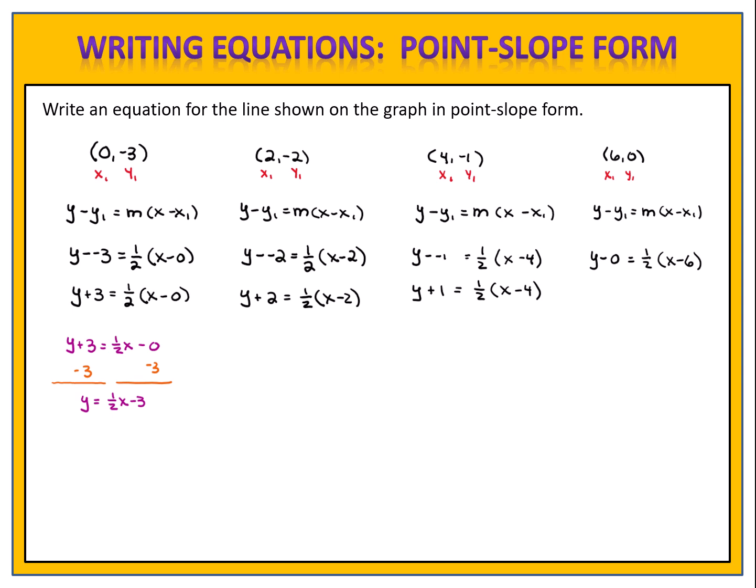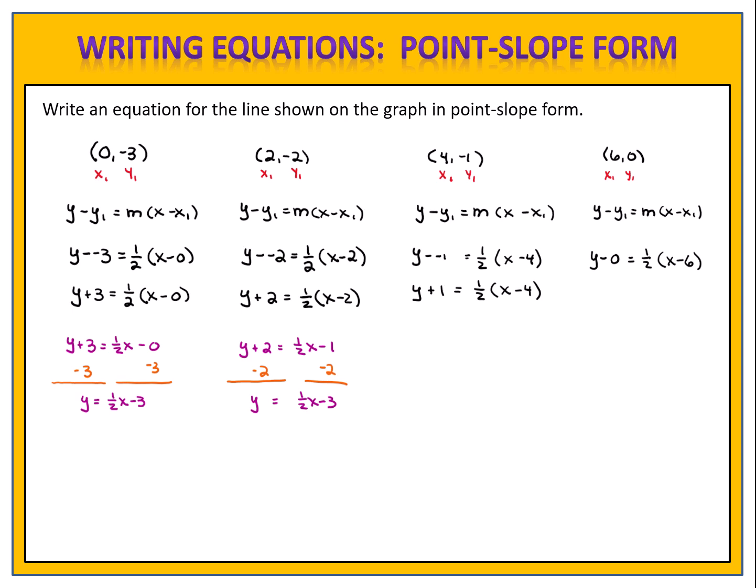That's the slope-intercept form. In the second equation, y plus 2 equals 1/2 times x minus 2. Again, I distribute the 1/2, so I have y plus 2 equals 1/2 x minus 1. I subtract the 2 from both sides, and notice once again y equals 1/2 x minus 3. I ended up with the same equation in slope-intercept form.